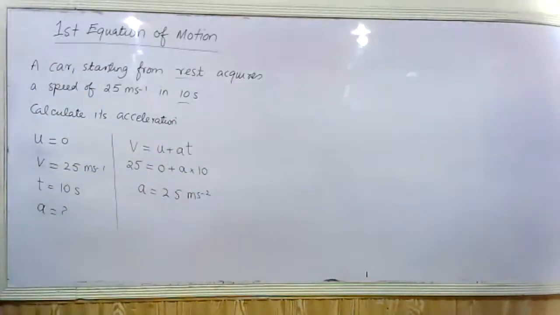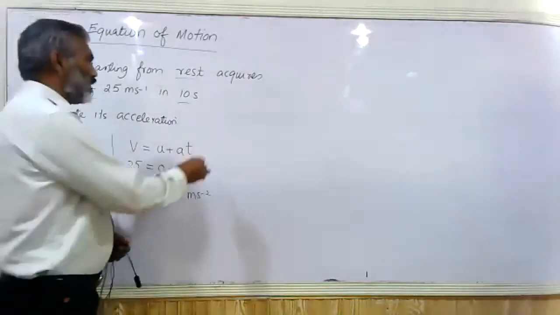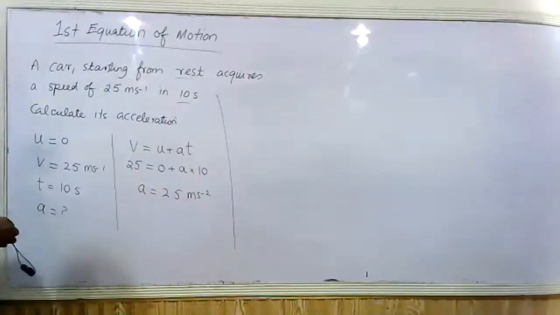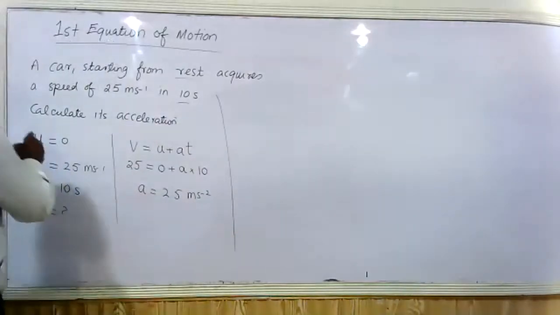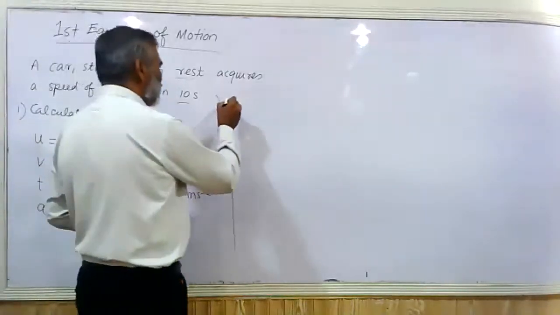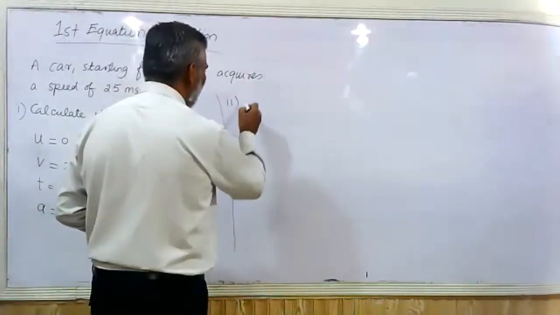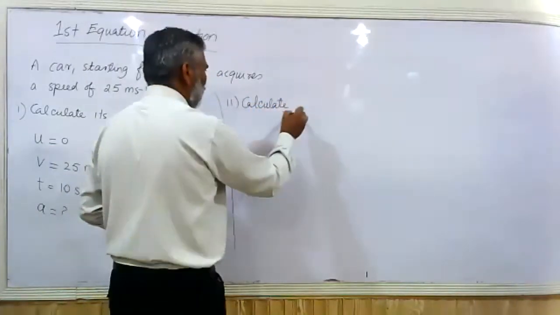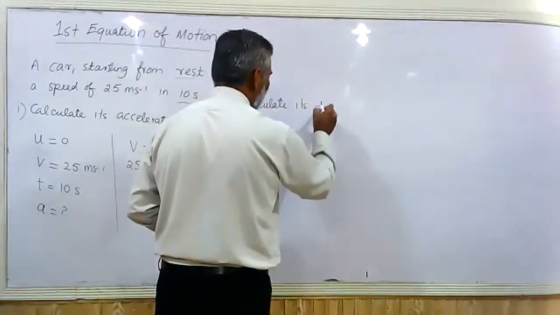So this is the acceleration with which the object has moved. Now, if this is part one, in the next part of the same question they might ask you to calculate its displacement, how far the object has gone.